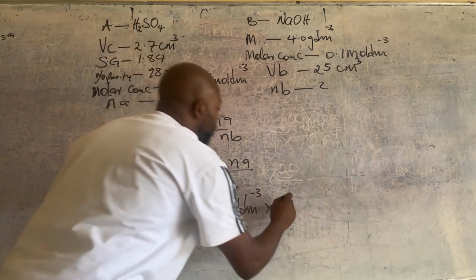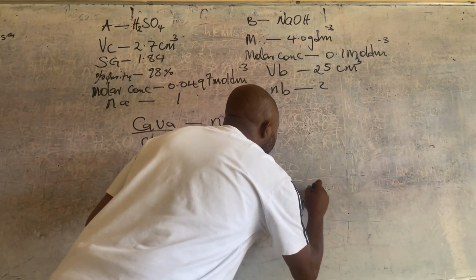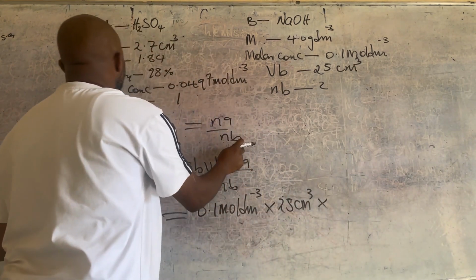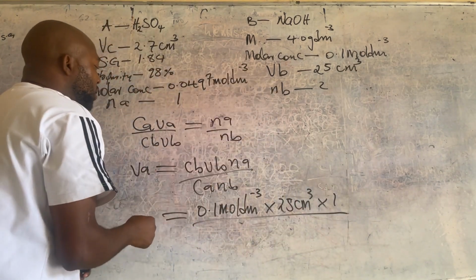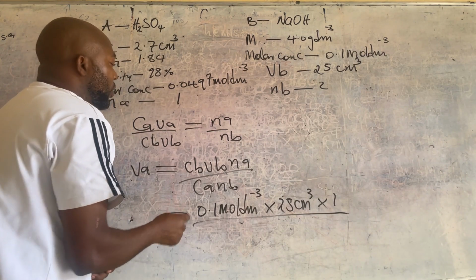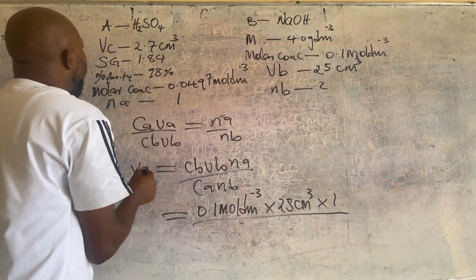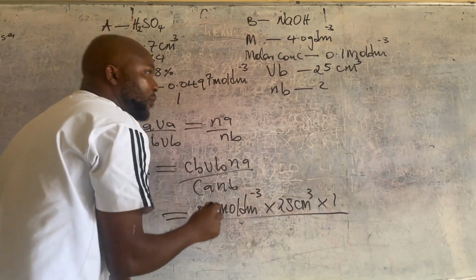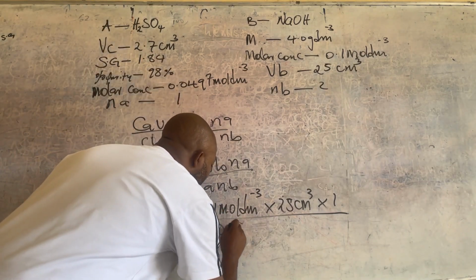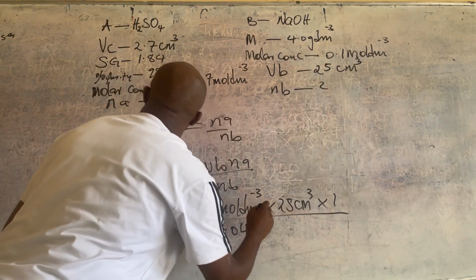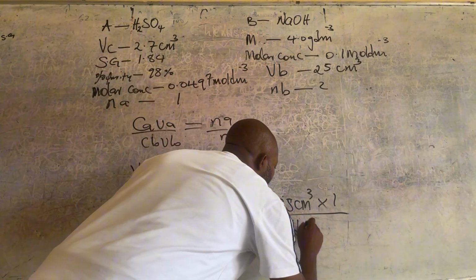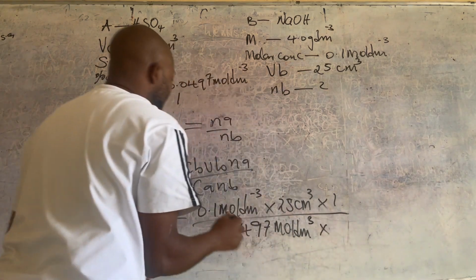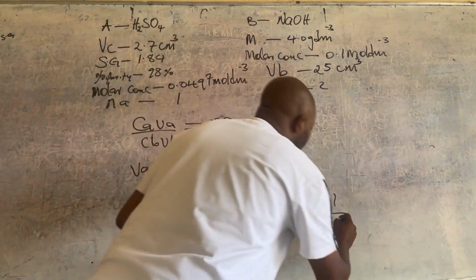Volume of the base is 25 cm cube, times number of moles of the acid, which is 1. We have CA, the concentration of the acid, which is 0.0497 mole per dm cube, times number of moles of the base, which is 2.